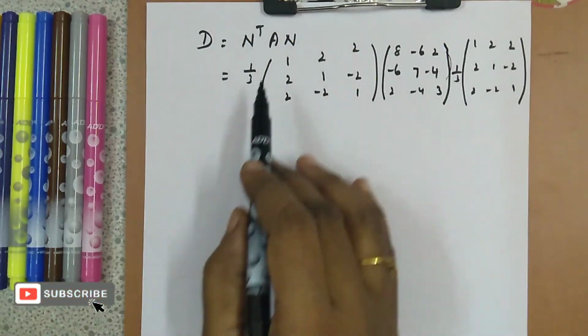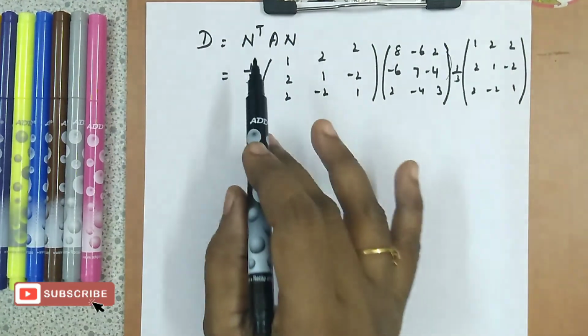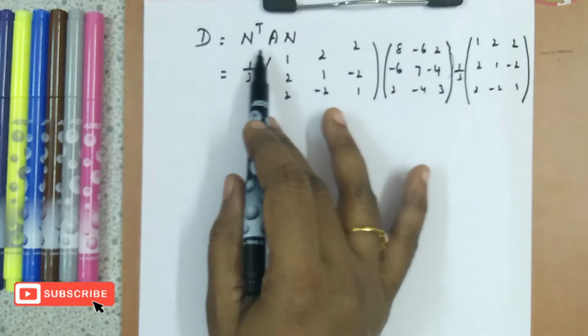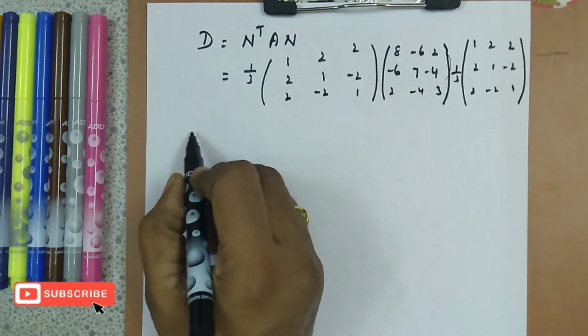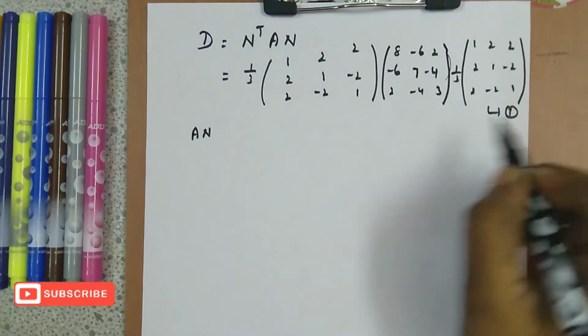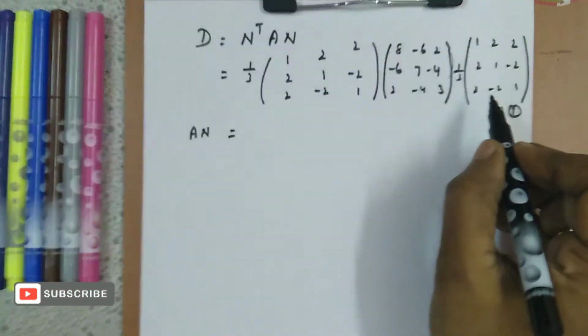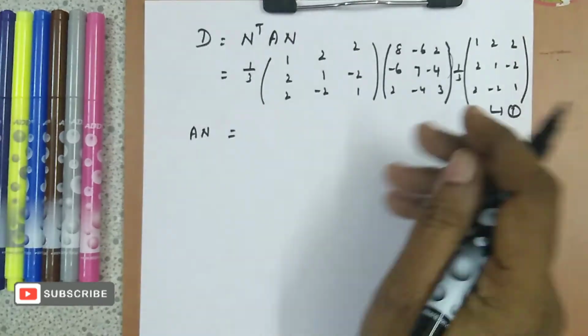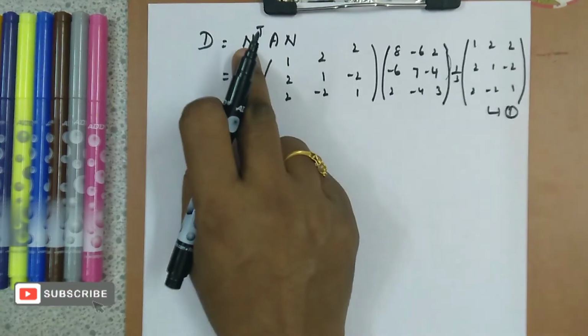After this, we have to multiply these three matrices. Always when you are multiplying these three matrices, first take AN; we can call it equation 1. Find the product of A into N matrix first. After that, take the AN matrix with the N transpose.